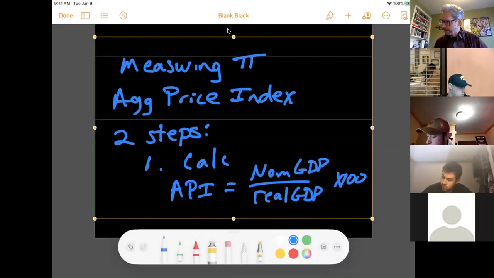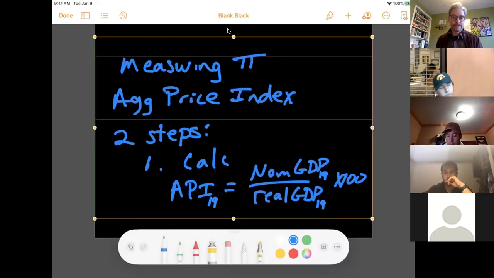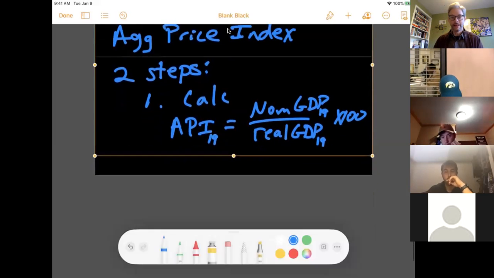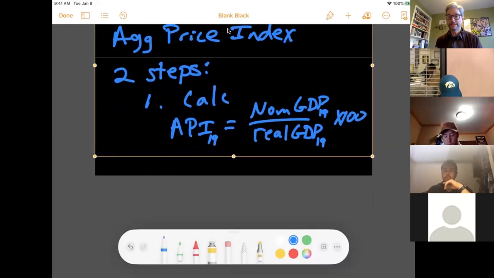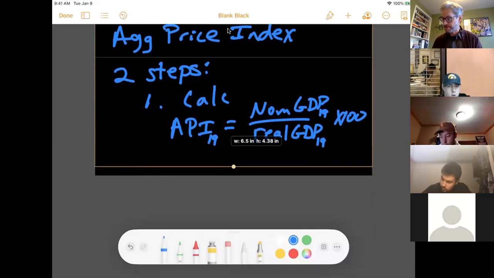So for instance, if we're calculating the aggregate price index in 2019, we take nominal GDP in 2019, we divide by real GDP in 2019, and then we multiply by 100. So this is an index, right? Another word for index could be a ratio. It's just the ratio of nominal GDP to real GDP. However, this in and of itself doesn't tell us what inflation is, because inflation is a percent change in the price level.